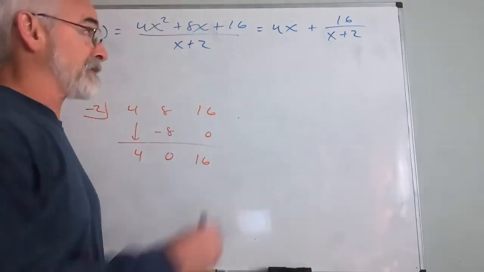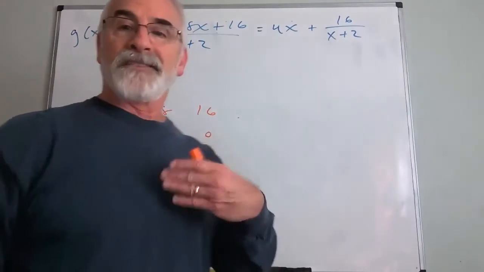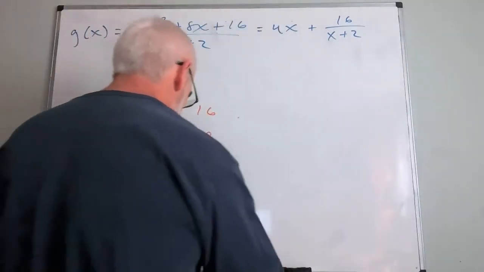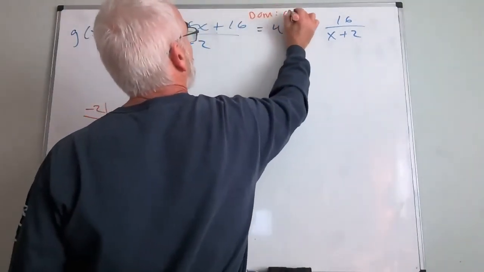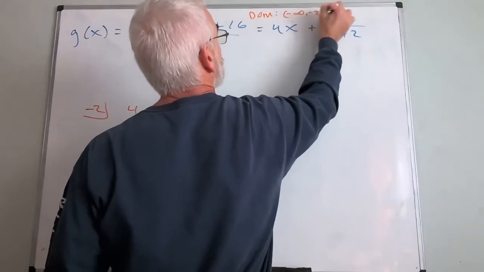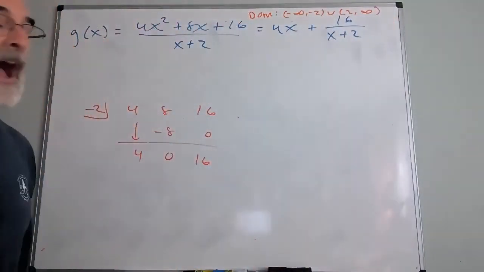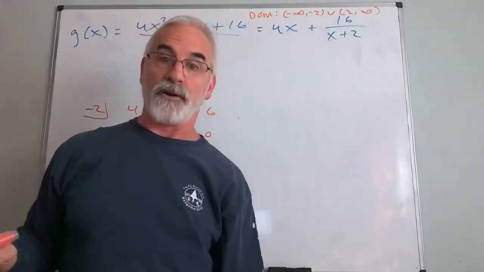Yeah, I have a vertical asymptote, x equals -2, whether I did this or this. That means my domain is all real numbers except -2. Maybe I should say that, don't you think? My domain is -infinity to -2, and then again from -2 to infinity. So I have a graph that covers the entire xy plane except x equals -2, a vertical asymptote.